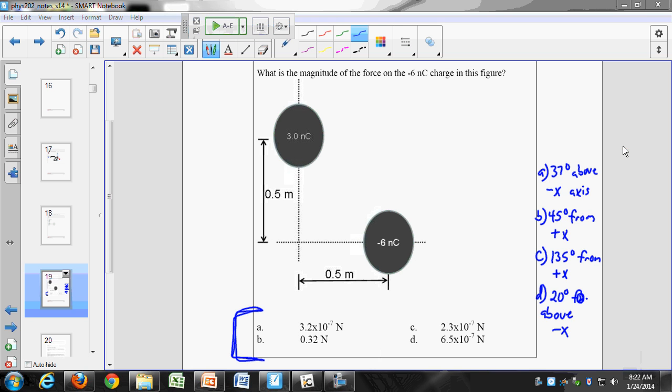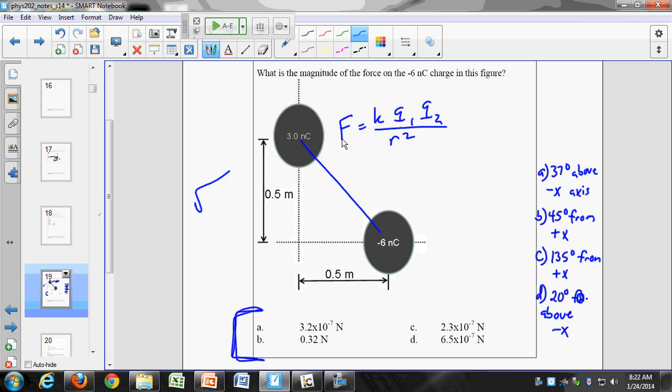You should be able to do that pretty quickly though, okay? Under 2 minutes you should be able to do it. So the force is equal to K Q1 Q2 over R squared. I don't know R right off, so I need to figure out what this distance is. That's going to be the square root of 0.5 squared plus 0.5 squared, which is 0.71 meters.